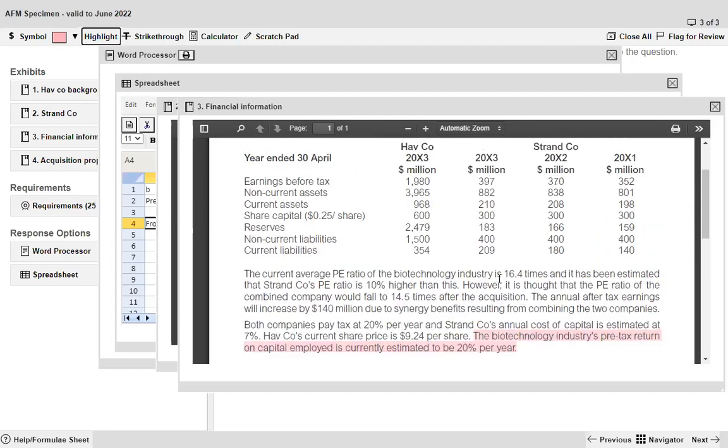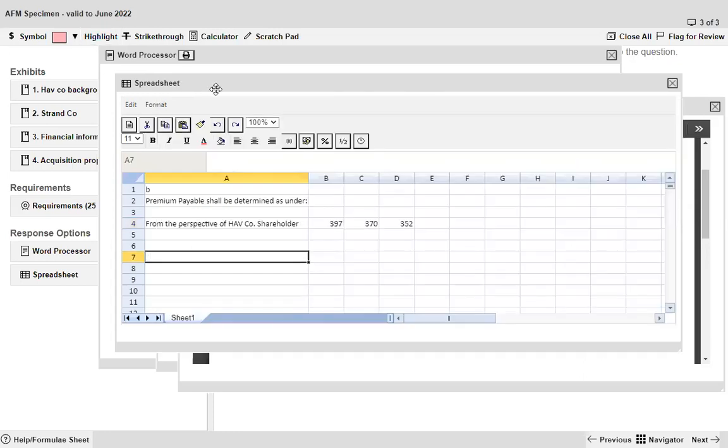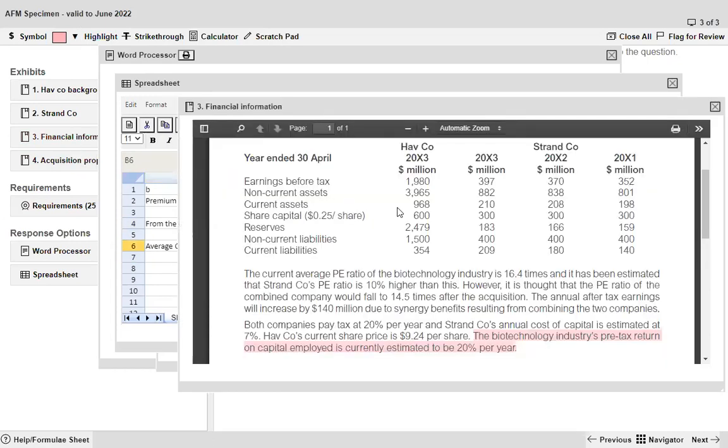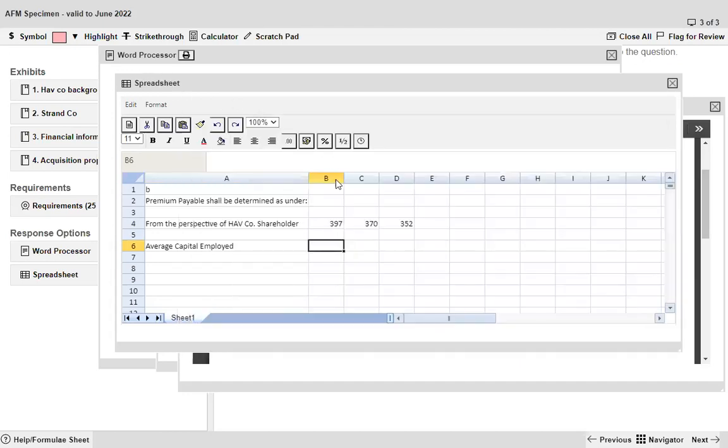So what is the capital employed? You need to calculate the average capital employed. How do you do it? 2003, 2002, 2001.